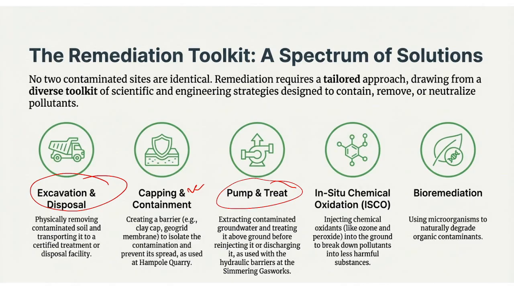In those cases we can go for in situ chemical oxidation. We can put in oxidizers, say for example ozone, with some catalyst, and they will go and oxidize the chemicals within the groundwater itself. There is no need to take the water out to the surface, treat it, and put it back. Then bioremediation.